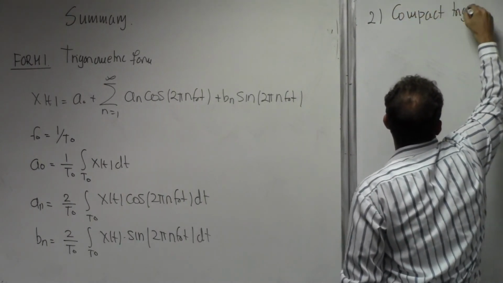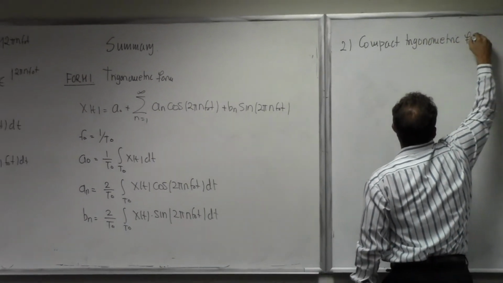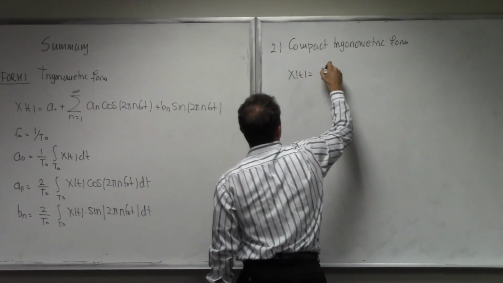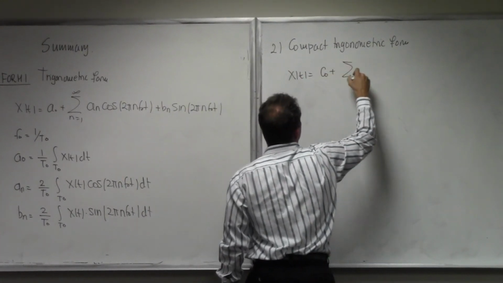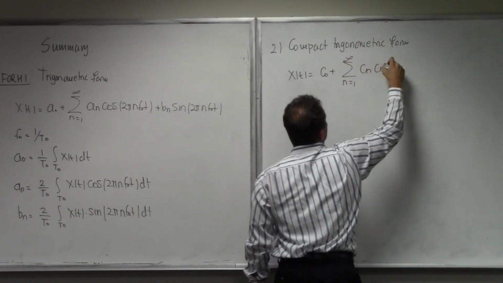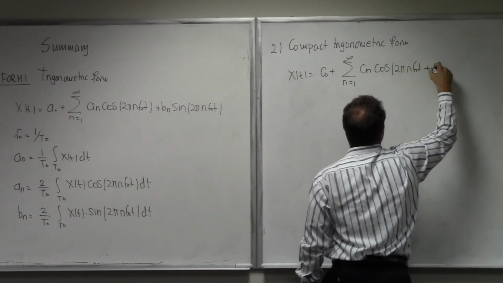The second form is a compact trigonometric form. In this form, we have that x of t is equal to c0 plus the sum, when n goes from 1 to infinity, of cn cosine 2 pi n f0 t plus theta n.